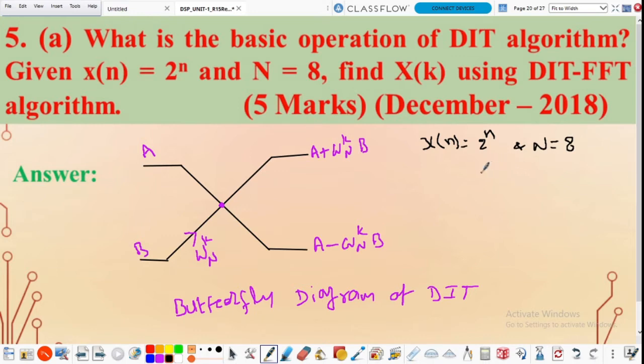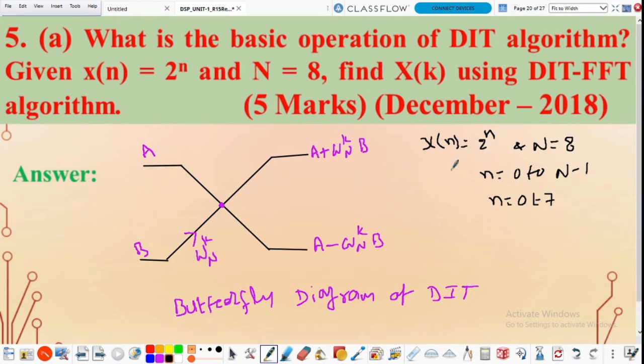What is the range of the small n? n is equal to 0 to N minus 1. Here capital N is equal to 8, therefore the range of small n is 0 to 8 minus 1, n is equal to 0 to 7. In the given sequence, small n is substituted by 0 to 7.